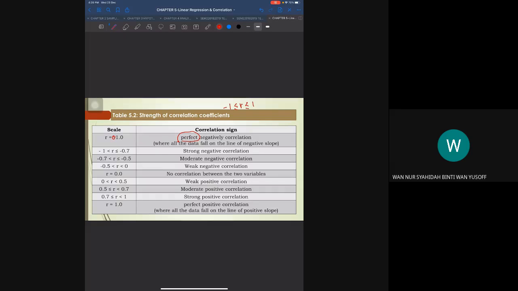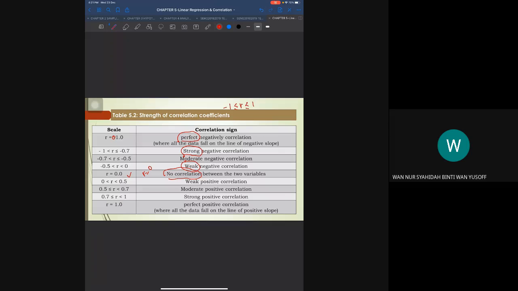If r is between 0 and 0.5, it is weakly correlated. When r equals 0, there is no correlation at all. If r equals 0, there is no use in forming the equation.